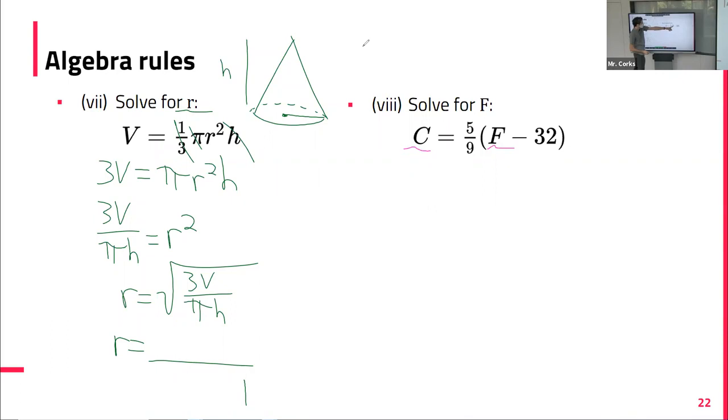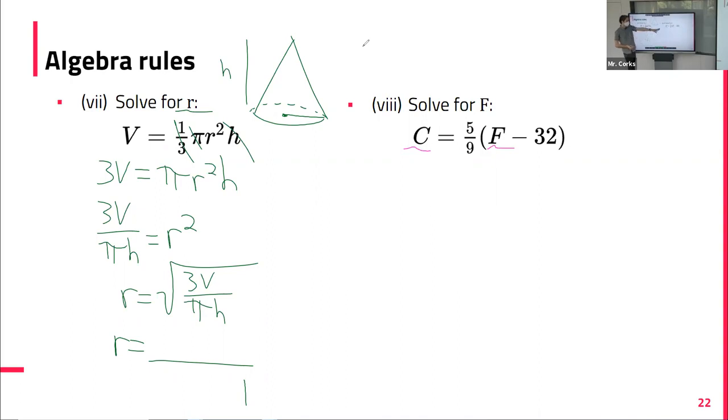So changing from Fahrenheit to Celsius, what would our process be? What's our first step? Move 5/9 to the left, so it becomes 9/5c.